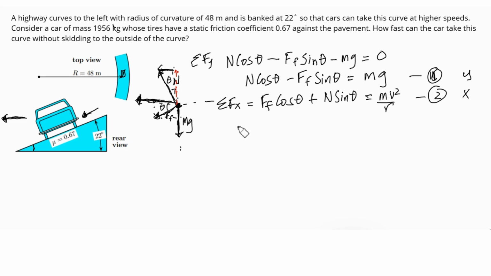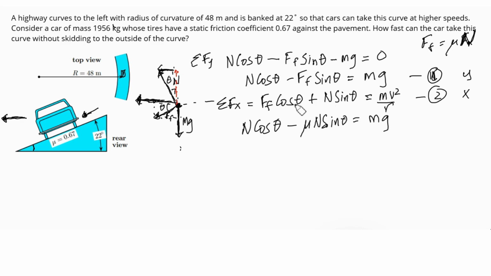Continuing on, looking at equation 1, I can rewrite that as n cosine theta minus the force of friction, which by definition is mu times Fn, or mu times n, using n here. So this becomes minus mu n sine theta, and that's equal to mg.